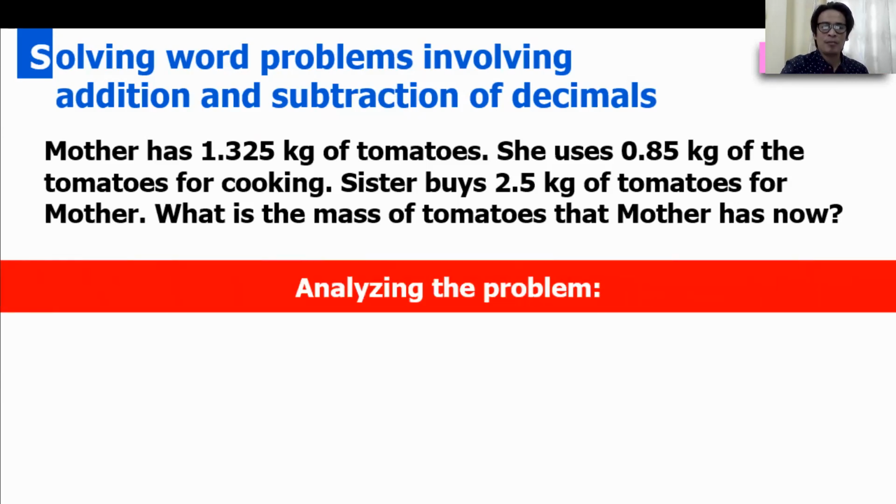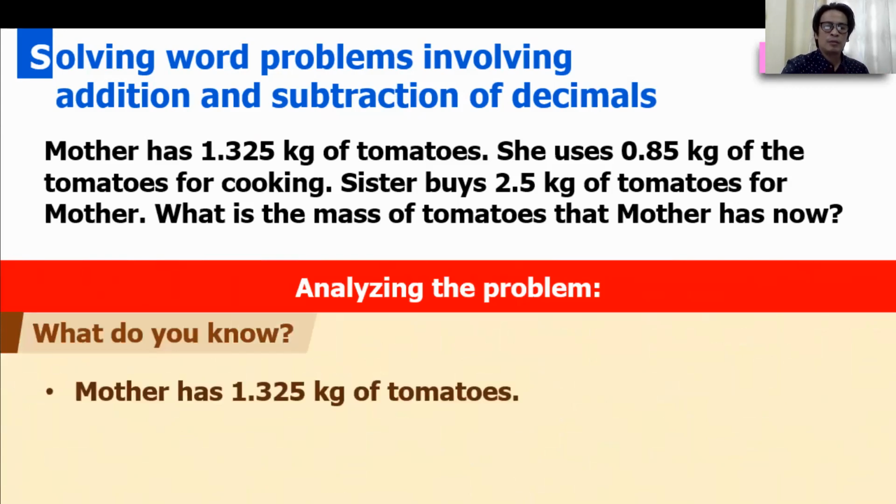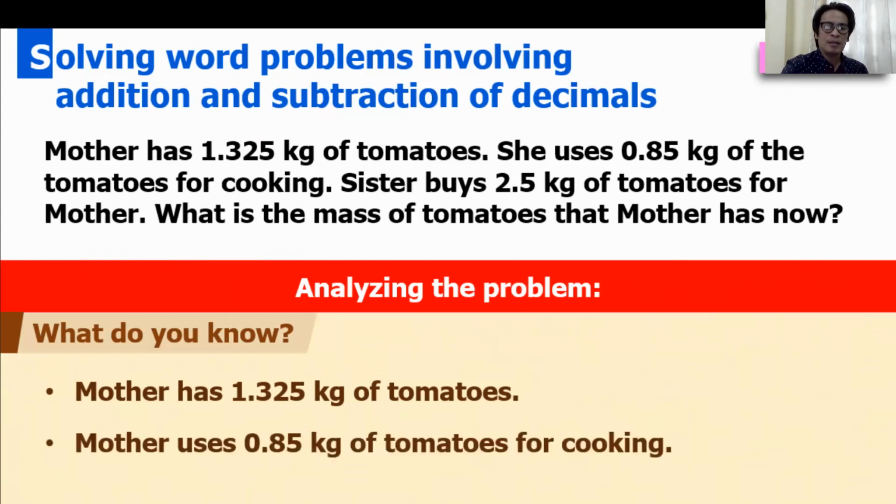So analyzing the problem, what do you know? Mother has 1.325 kilograms of tomatoes. Mother uses 0.85 kilograms of tomatoes for cooking. Sister buys 2.5 kilograms of tomatoes for mother. What do you need to find?